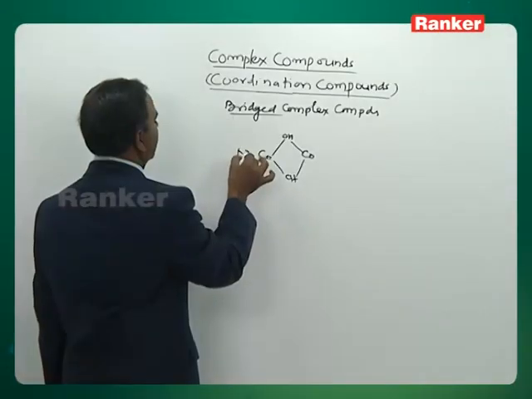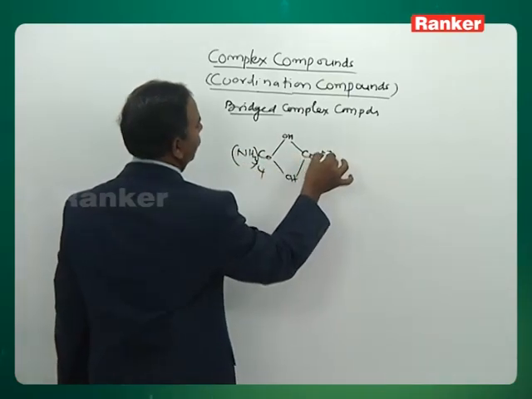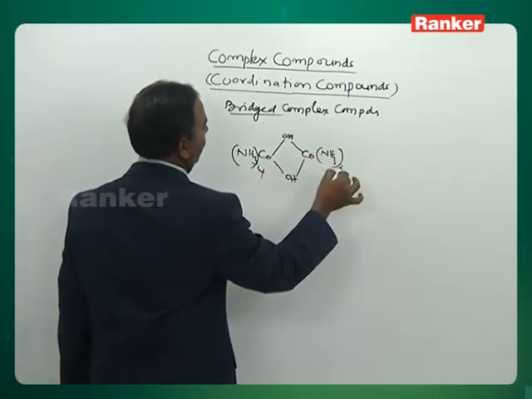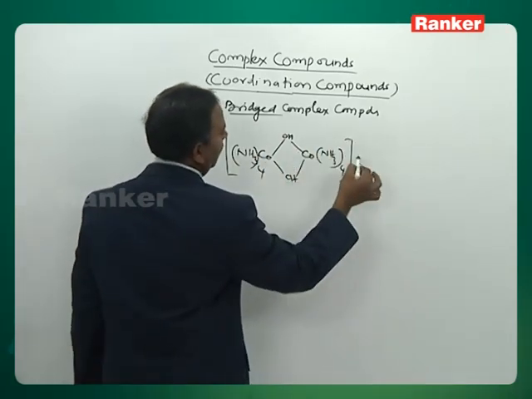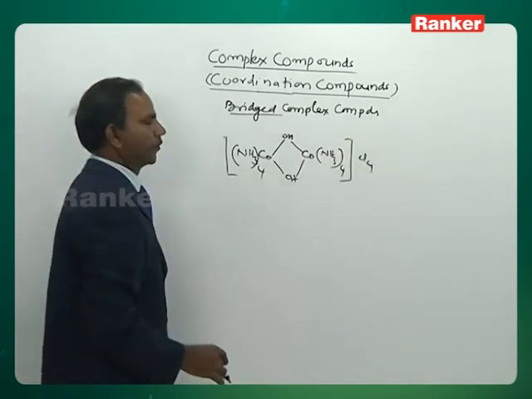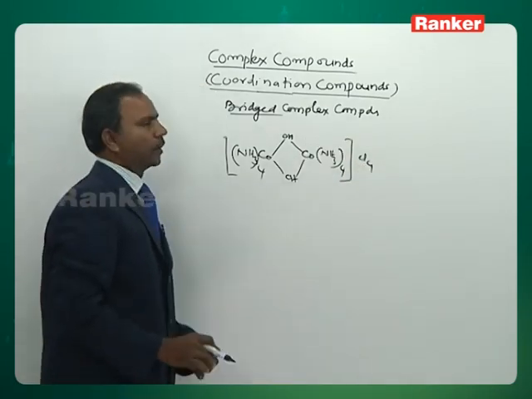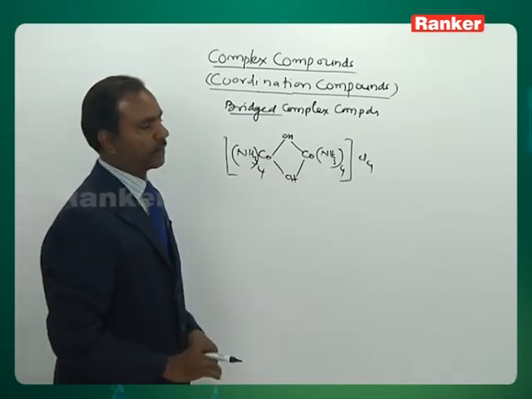Let me write the amines, NH3 taken 4 times, and Cl4. How do we know this complex is carrying 2 metal atoms bridged by hydroxy groups?